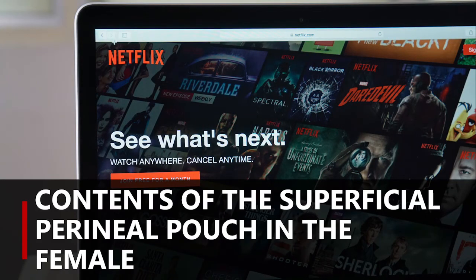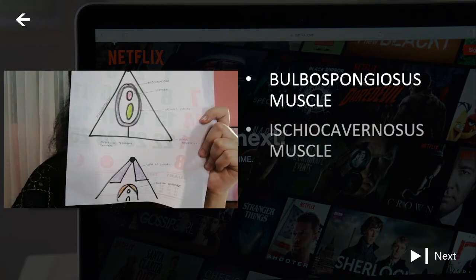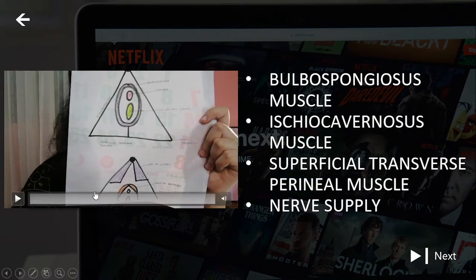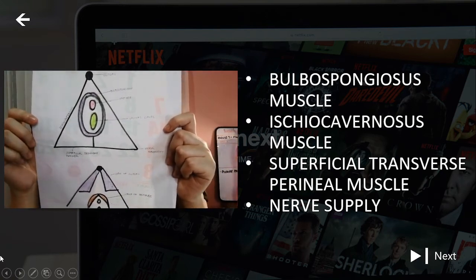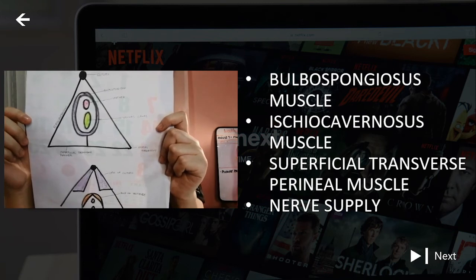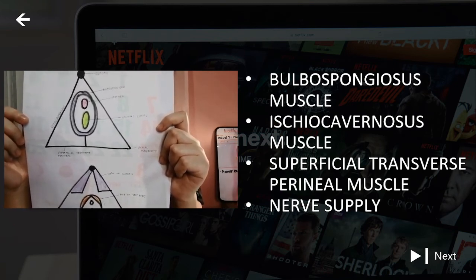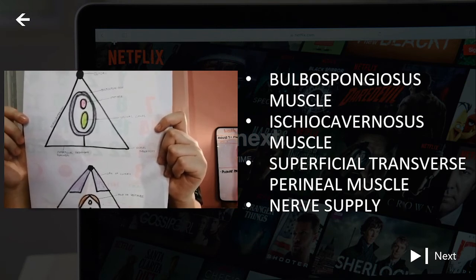So contents of the superficial perineal pouch in the female. This contains the structures forming the roots of the clitoris and the muscles that cover them, namely the bulbospongiosus muscle and the ischiocavernosus muscle.